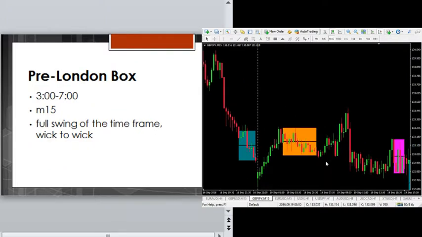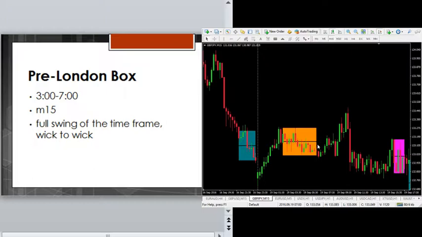Now let's move on to our pre-London box. The pre-London box is the orange colored box in the chart. The time frame we're considering here, by the way, is Pepperstone broker time, so it's 3 a.m. to 7 a.m. It is always at the M15 time frame.